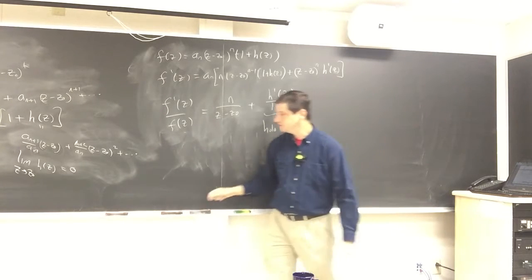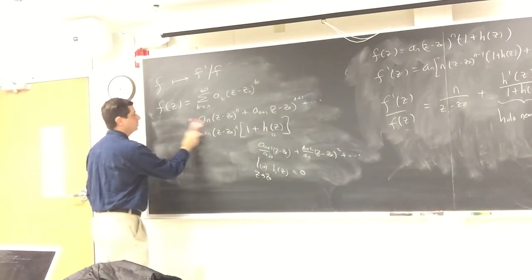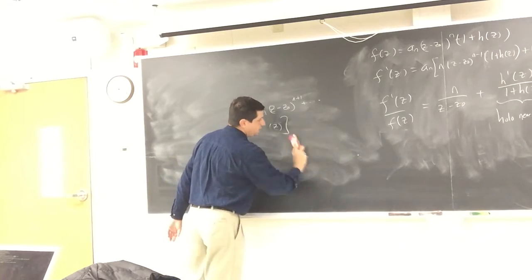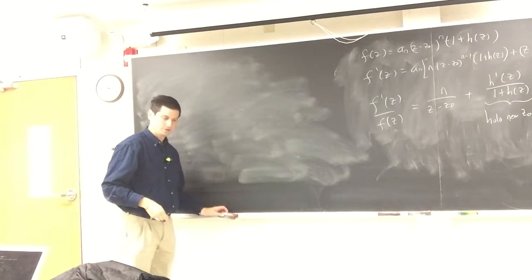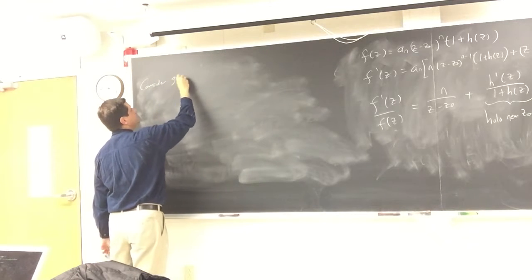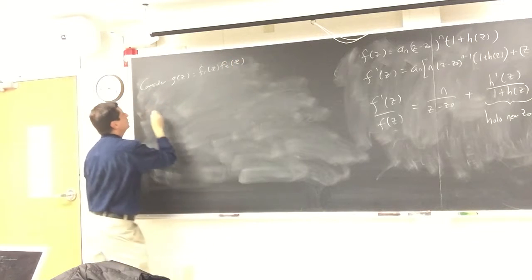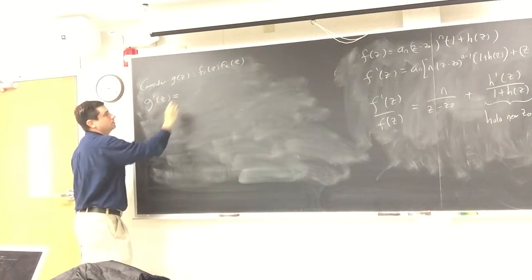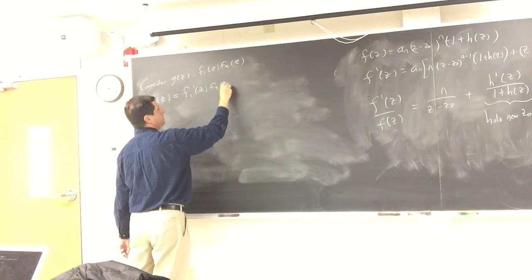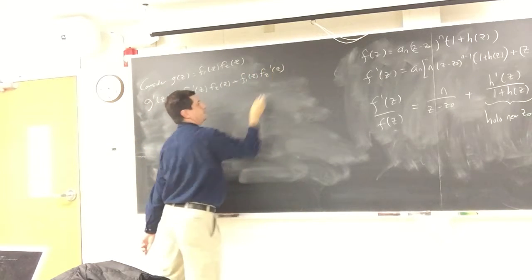Okay, why do we care about something like this? Well, let's go back to logarithms. We wanted the log of a product as the sum of the logs. That's gone, but something close to that actually survives. So consider g of z equals f1 of z times f2 of z. g prime of z is going to be f1 prime of z times f2 of z, plus f1 of z times f2 prime of z.